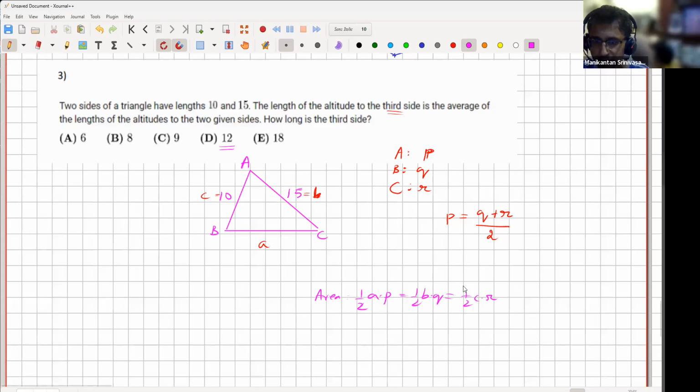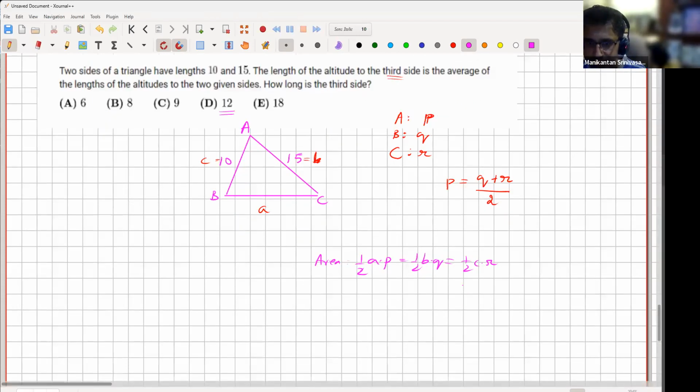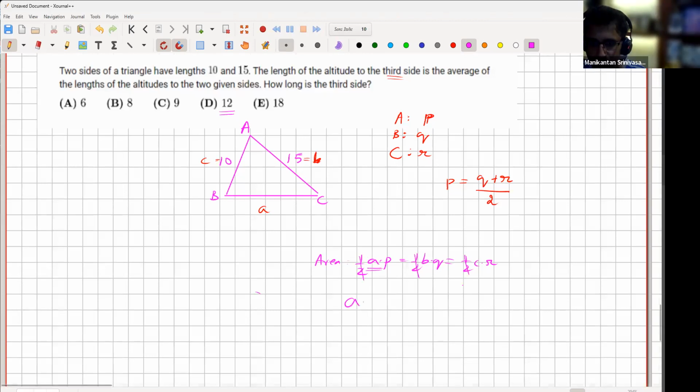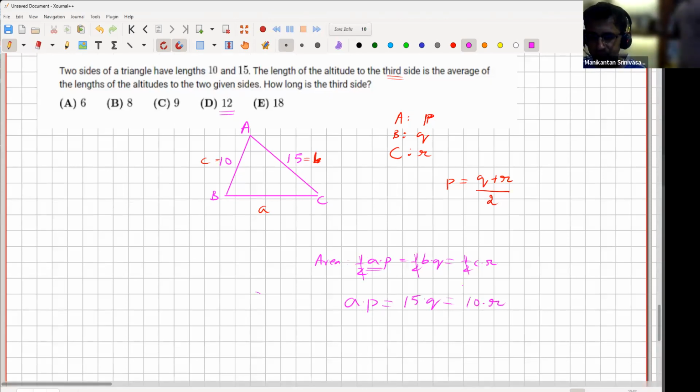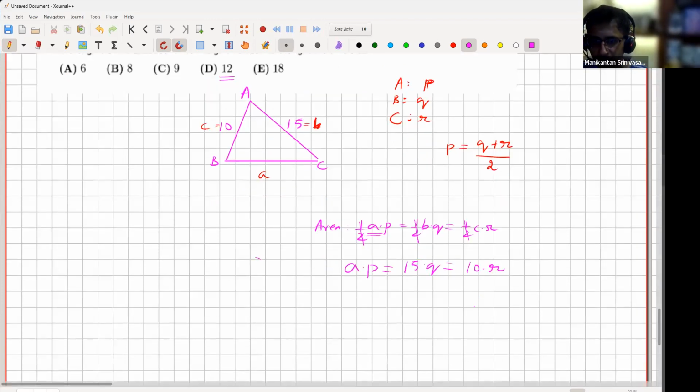And therefore, we can make a relation, right? In this case, I can just cut off the half, half, and half. So A into P equals B, which is 15, into Q, equals 10 into R. By this, we can arrive at a ratio between the altitudes.